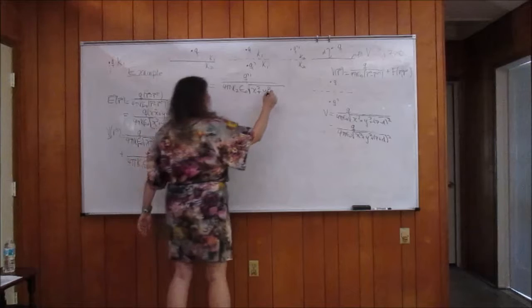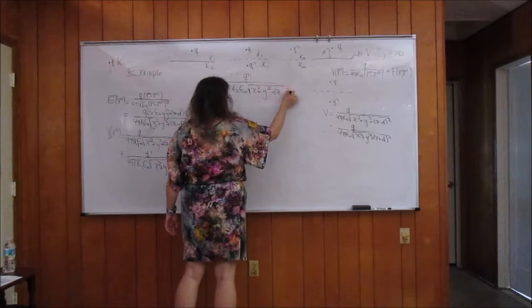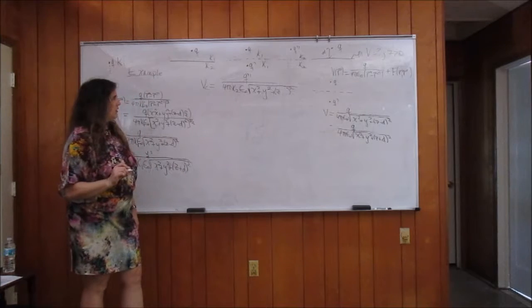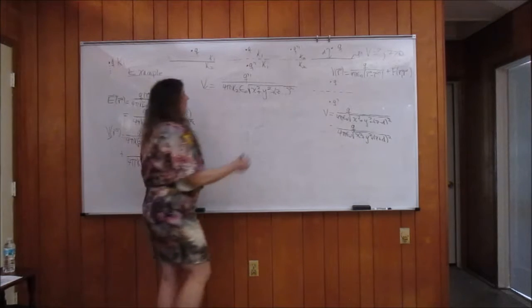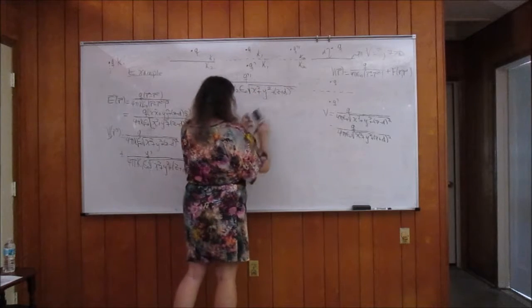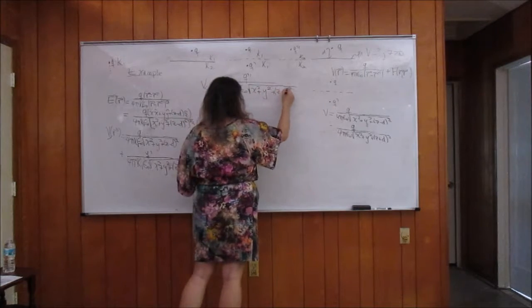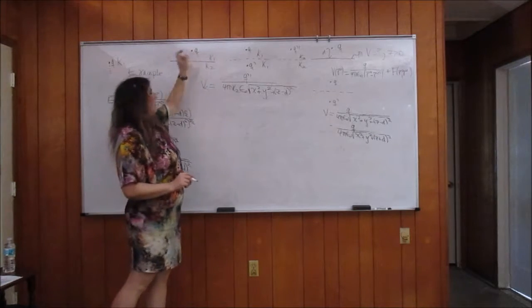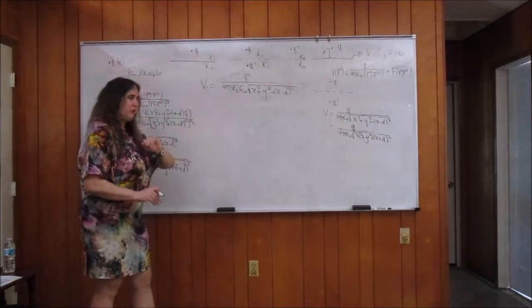Now the last question is, where along the z-axis do we put it? Well, I'm going to assert that this charge is going to occupy the same position as my real physical charge, okay?